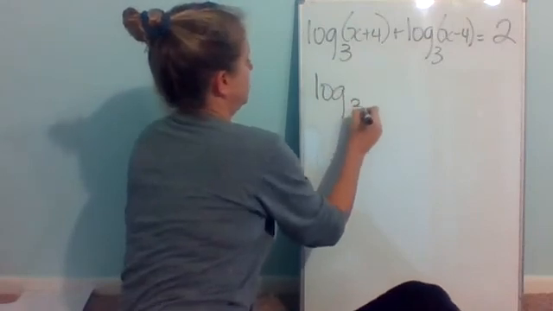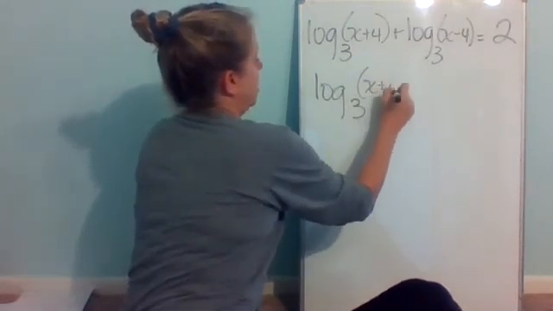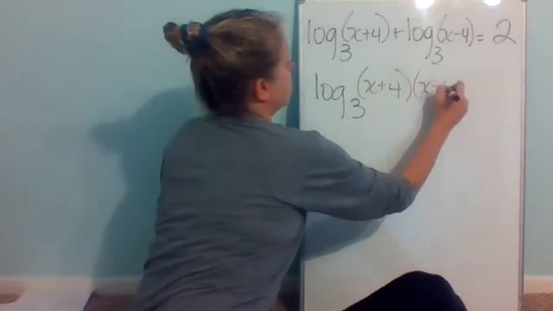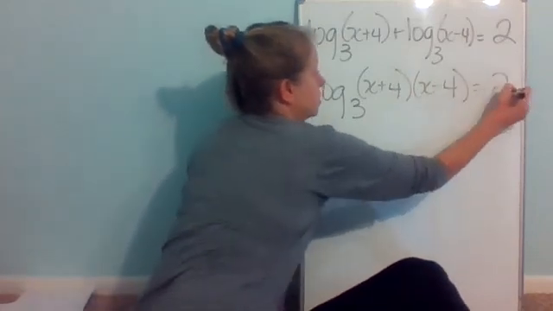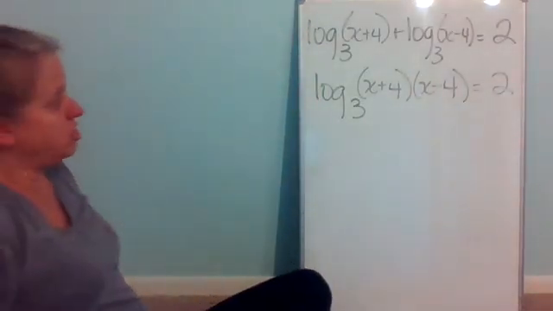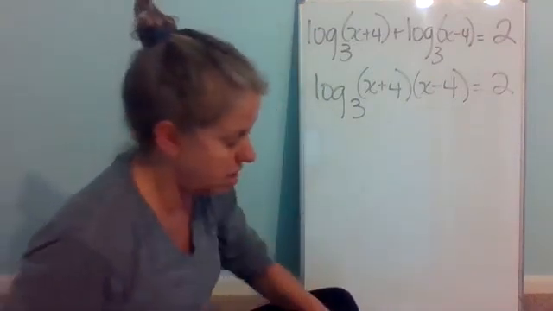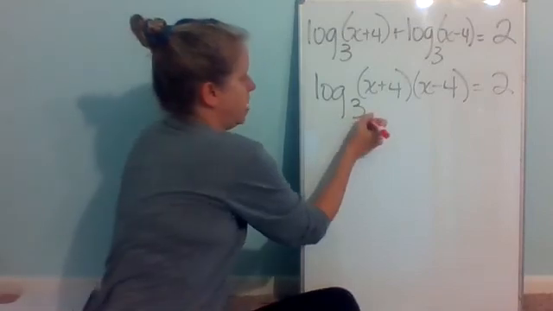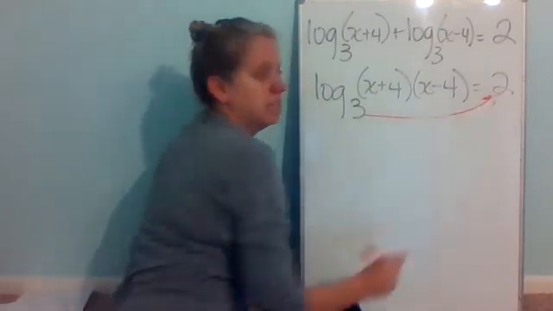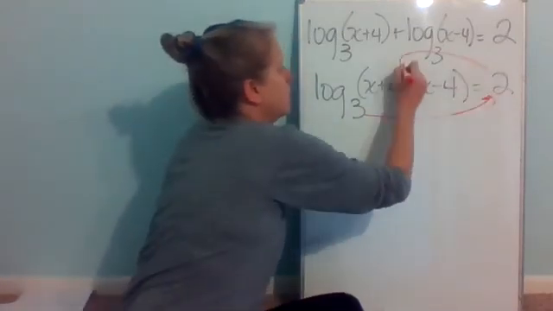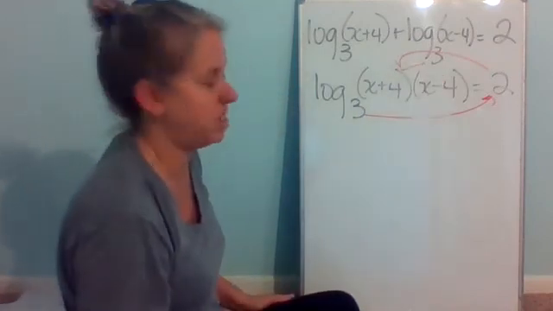So log base 3 of (x plus 4)(x minus 4) equals 2. So I don't have logs on both sides this time. I just have it on the left, which means I use the method where I raise this base to that power and make it equal to all of this.